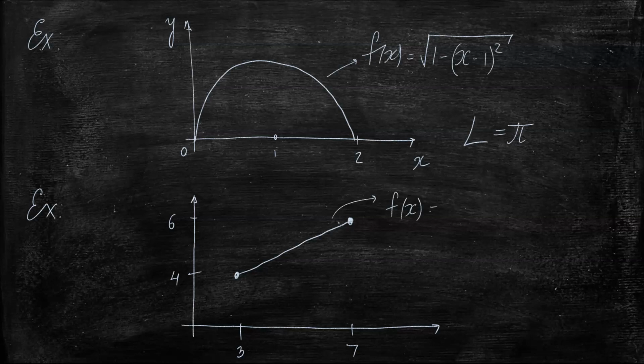Pause the video and tell me what is the equation of this line. Well, the slope is 1/2, and when x is 3, we get 4, so 3/2, so it's 1/2 x plus 1/2. Let's try. So when x is 7, we should be getting 6, 7/2.